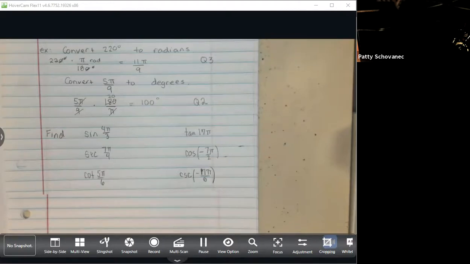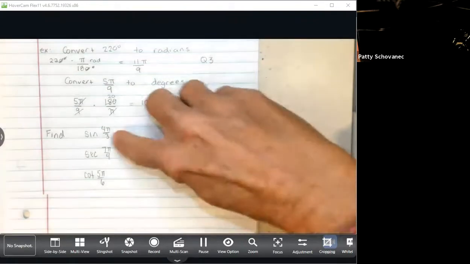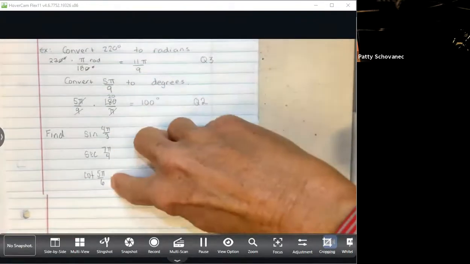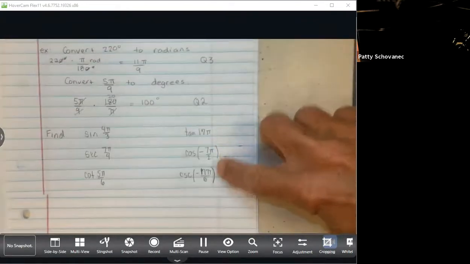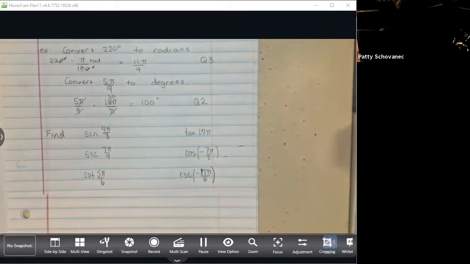The values come from knowing the points on the unit circle, but you only have to know the ones in the first quadrant. My reference angle here is a pi thirds, a pi fourths, a pi sixths, a pi halves. So if you know the ordered pairs at those, that's going to be part of the answer. Now you just have to figure out plus or minus. And of course, the reciprocal identities for the trig functions that aren't the sine and cosine.